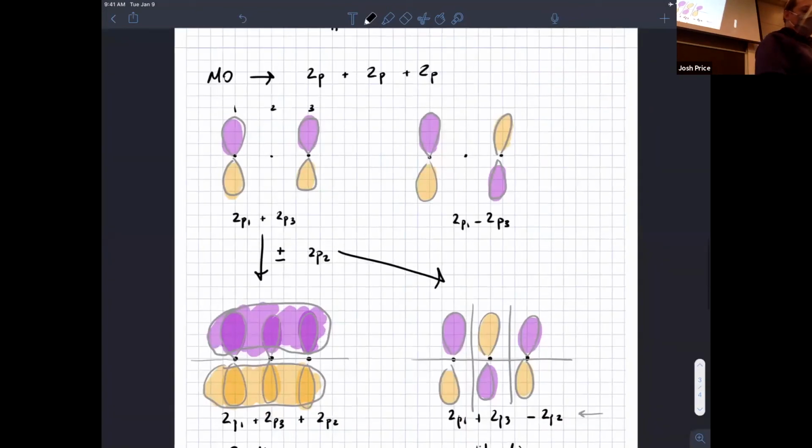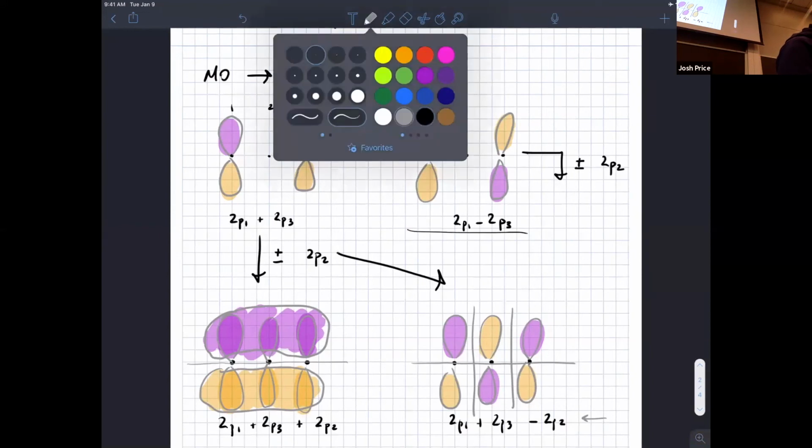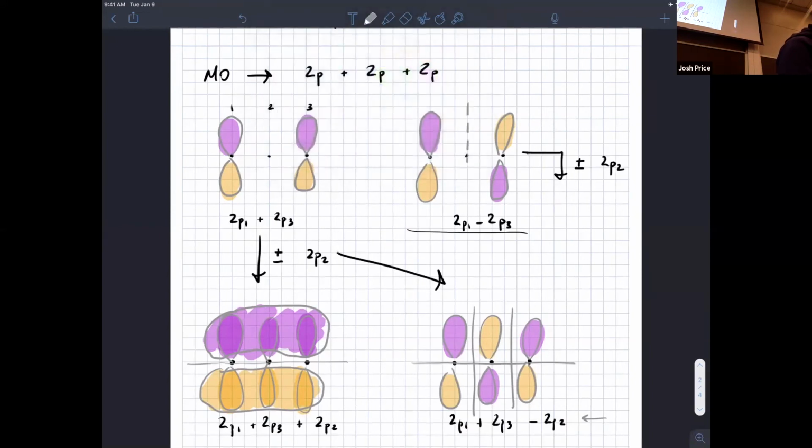So now we need to think about the plus minus combination of the 2p2 orbital with this other one. Okay. And it turns out that in the original 2p1 minus 2p3 orbital, we have another node that coincides with carbon 2. 0 electron density along carbon 2.